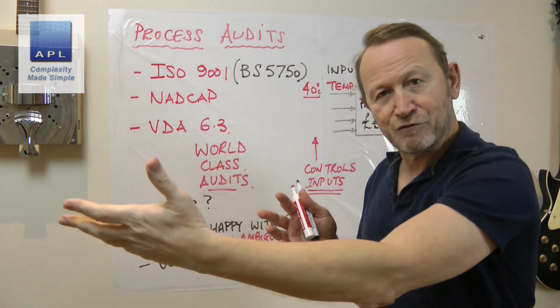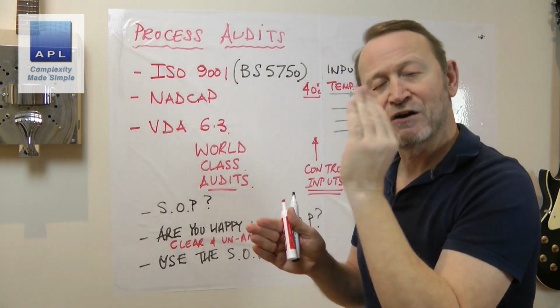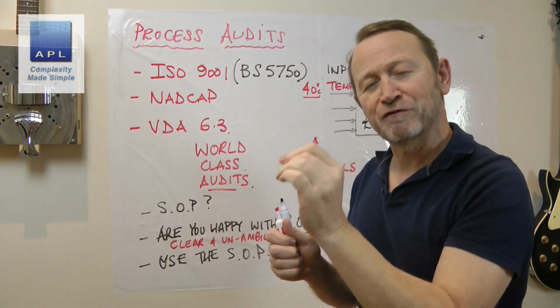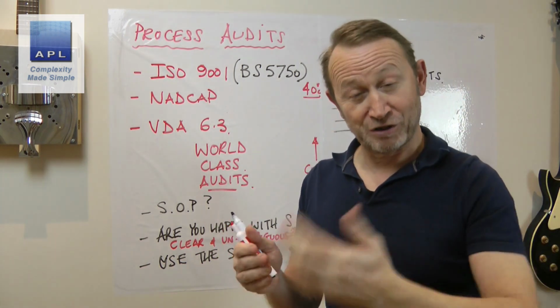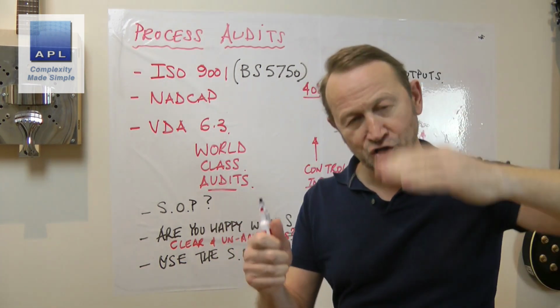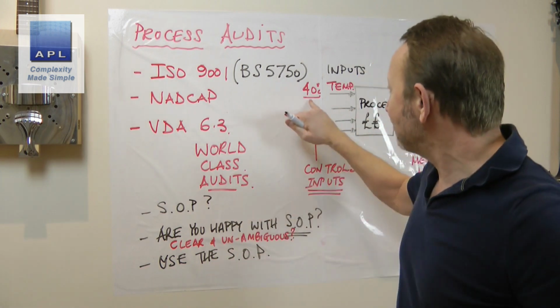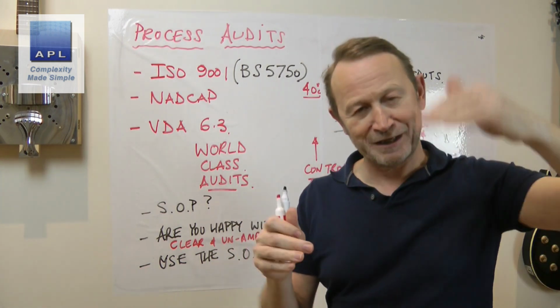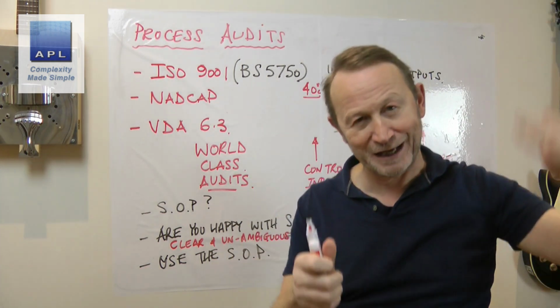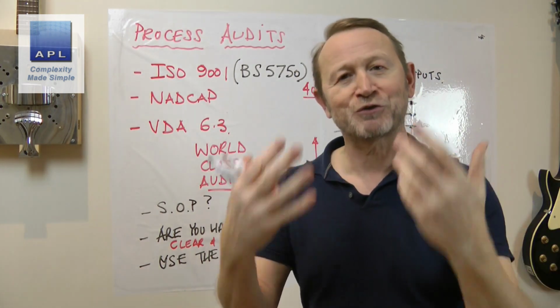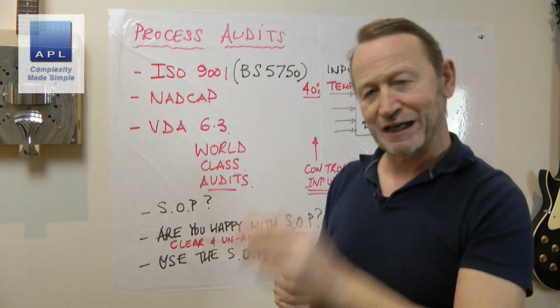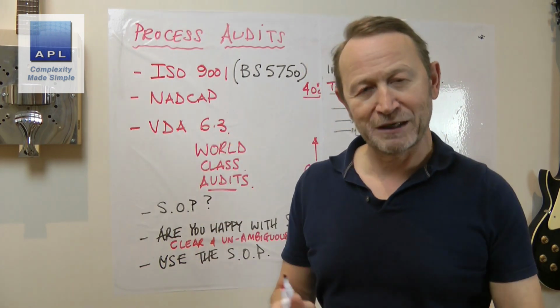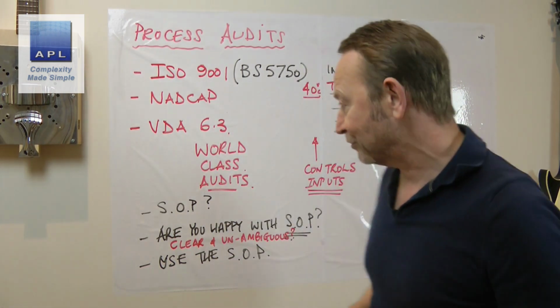I can dial it to 40 degrees. The actual setting on the dial should be 40 degrees. Don't get me wrong, the temperature control system inside the machine might cycle up and down. So I might not get exactly 40, I might get 42 now and again, I might get 38 now and again, depending on what's going through the process. But the setting on the input, the dial setting, is clear and unambiguous with no tolerance.